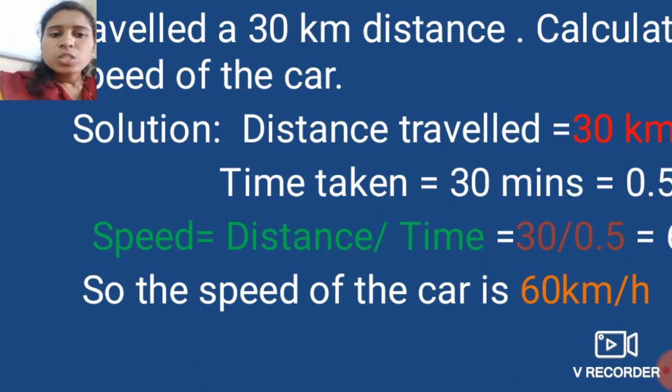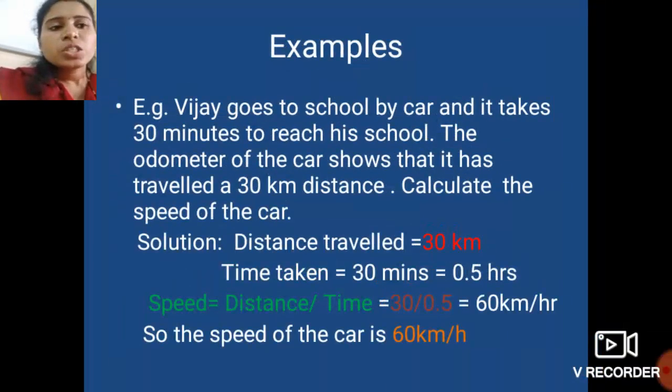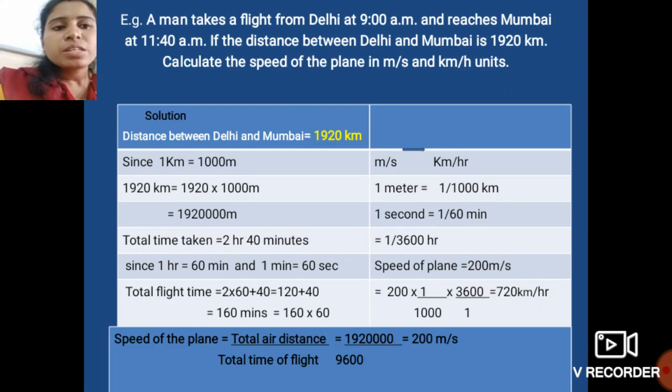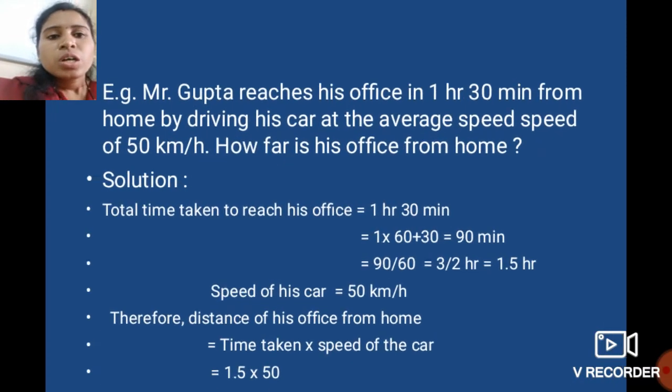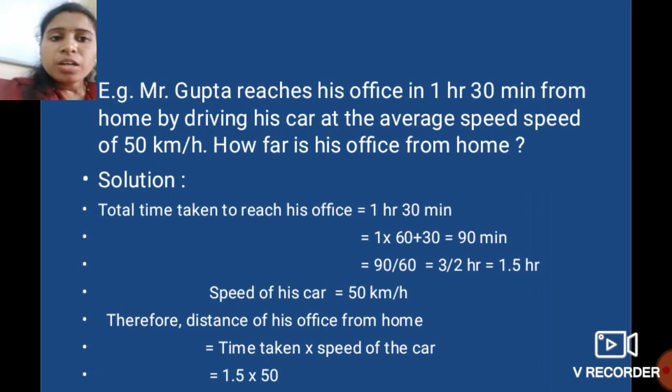So accordingly you have to put these values in this formula and solve it. Suppose, see over here, the total time taken to reach his office is 1 hour 30 minutes. We can convert this into hours.